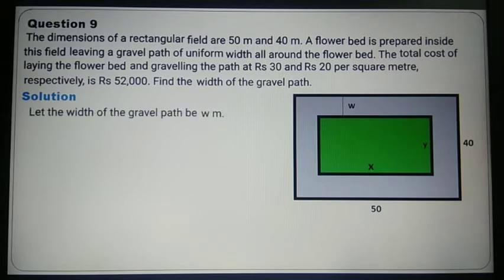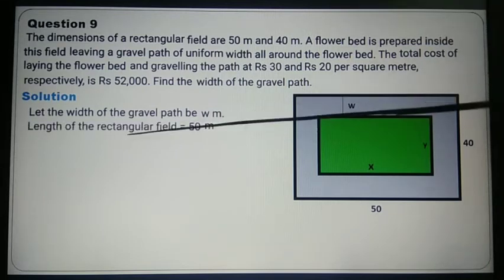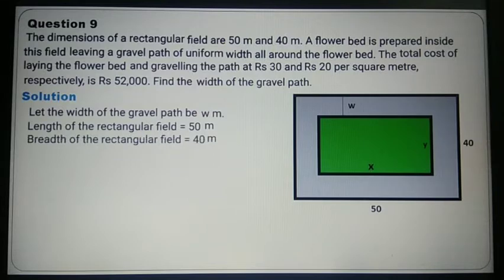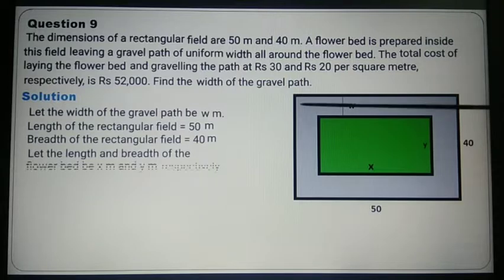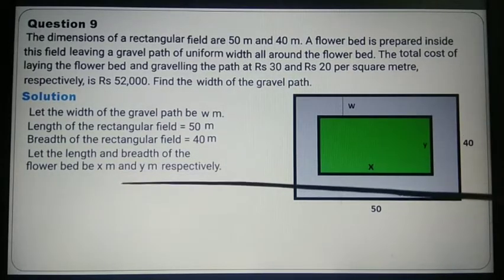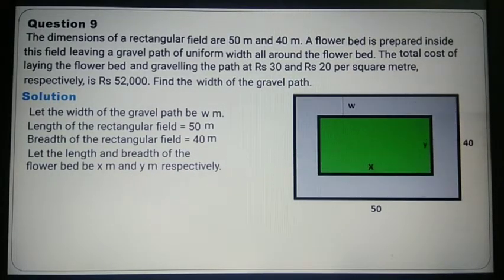As I said, let W be the width of the gravel path. It is given that the length of the rectangular field is 50 and breadth is 40. Now let the length and breadth of the flower bed be X meter and Y meter respectively. That's what I said just now. Whatever I have explained here, the same thing has been written here.